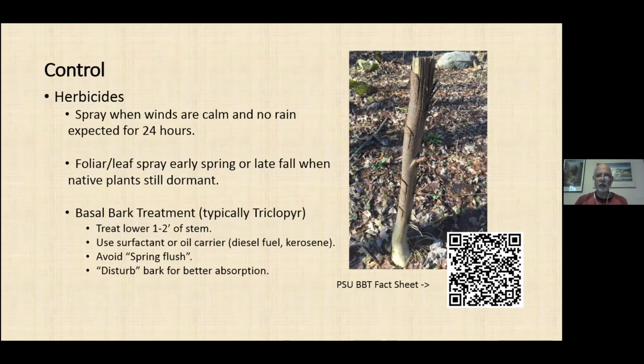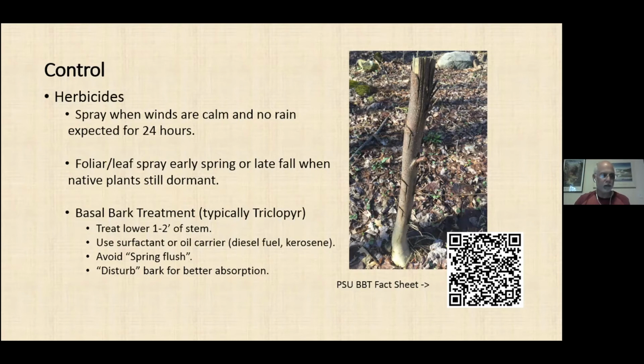If you spray then, the chemical goes into the roots versus up in the tree and being mixed with all that water. And I like to disturb the bark to get better absorption. I cut it with whatever you want, a hatchet, a machete, a sickle, split it a little bit to get the chemical to get inside the plant stem better.